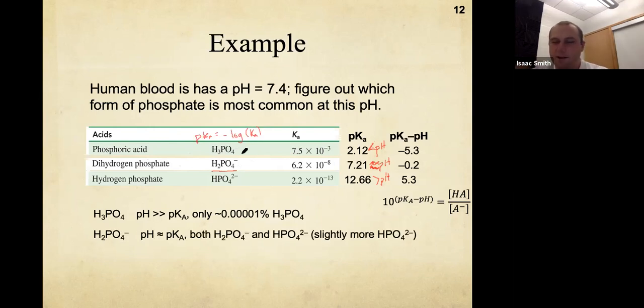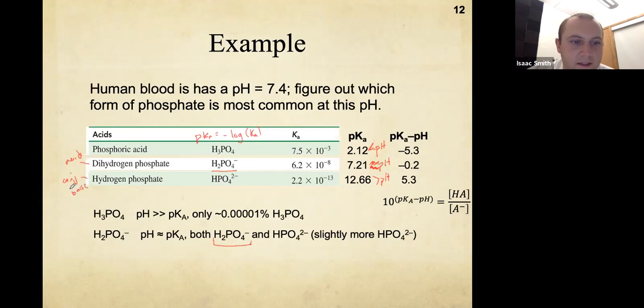If you look at this pH, it tells us, again, that the pH is about equal to the pKa of dihydrogen phosphate. And so that means, again, pK refers to an acid. So if we're looking at the pKa for dihydrogen phosphate, then we're considering this to be the acid and this to be the conjugate base.